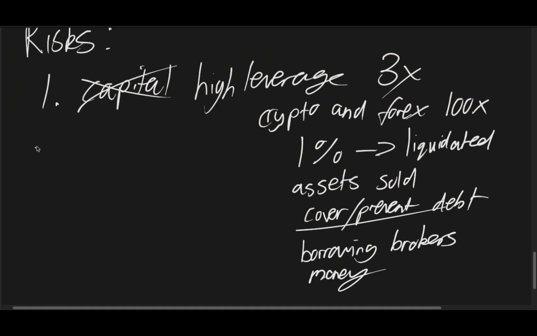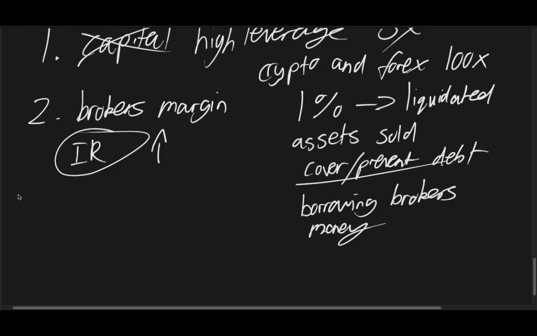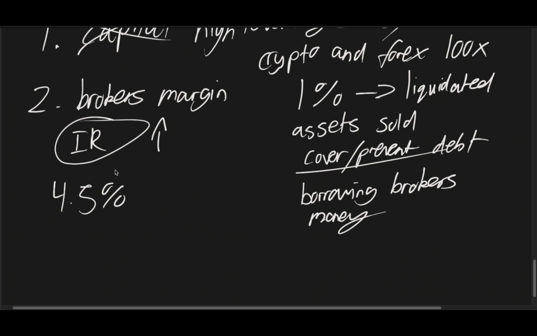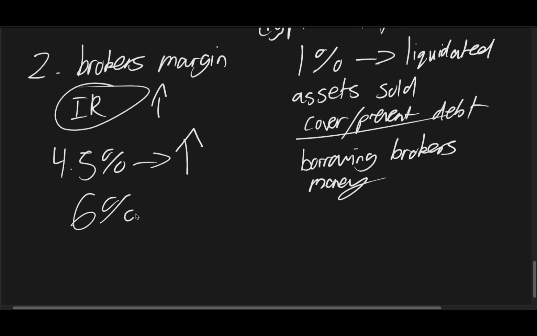The second risk, if you use your broker's margin, is that the interest rates are very high. As of recording, the US interest rates are at 4.5%. Now, brokers have to make a profit, so they will charge you higher than the interest rate to borrow the money so that they can make the spread. Let's say one of your brokers charges you 6% interest.